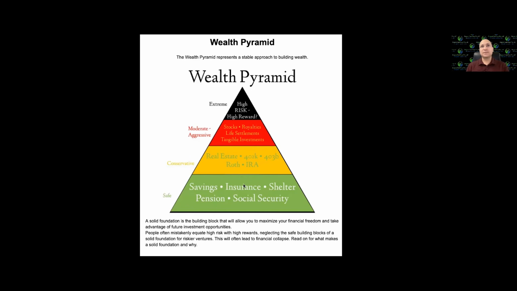Now, the reason we might want to do that, the reason we like this down here, is because our cash value life insurance can serve as multiple pillars of the base of this pyramid. We can have our savings inside of it. It can meet our death benefit needs. It can meet our living benefit needs, our long-term care needs.